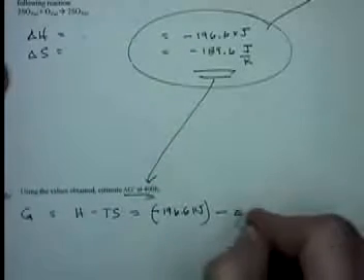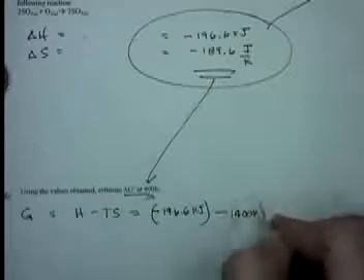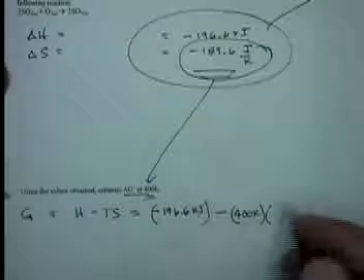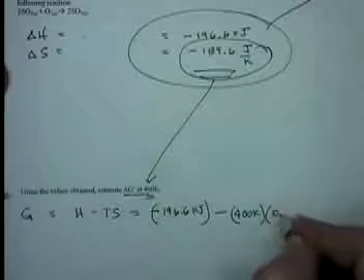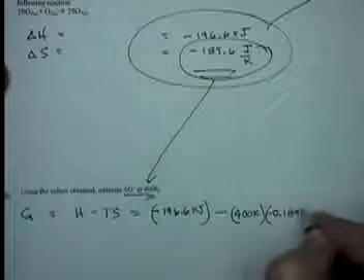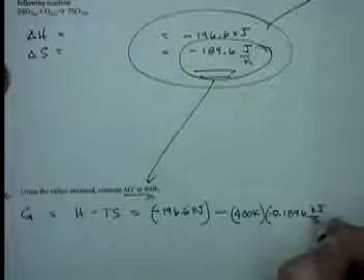and S, which, watch out now, because this is in joules per Kelvin and this is in kilojoules, so we need them in both the same units. So I'm going to write it as negative 0.1896 kilojoules per Kelvin. Notice how that changes it now.